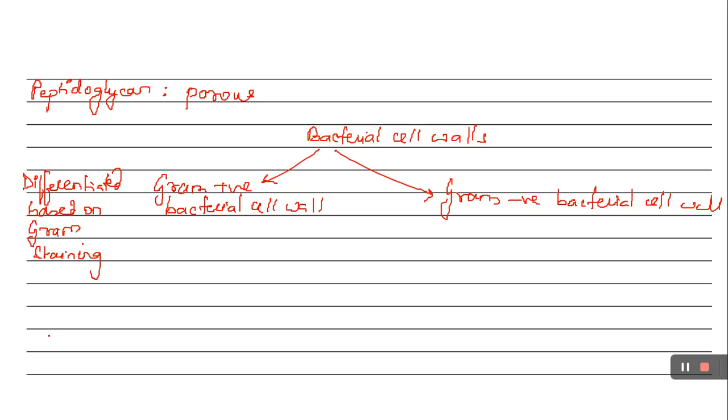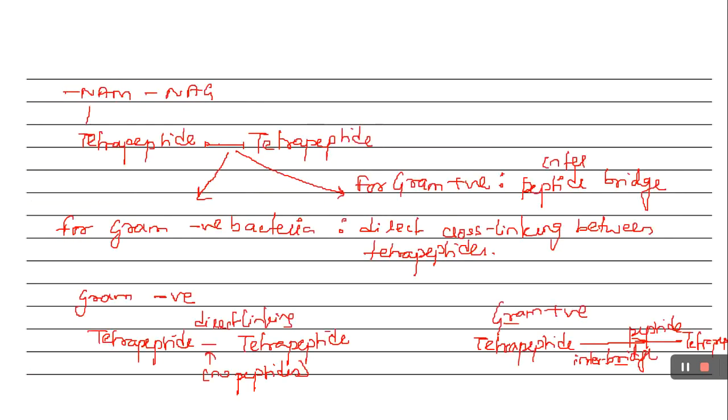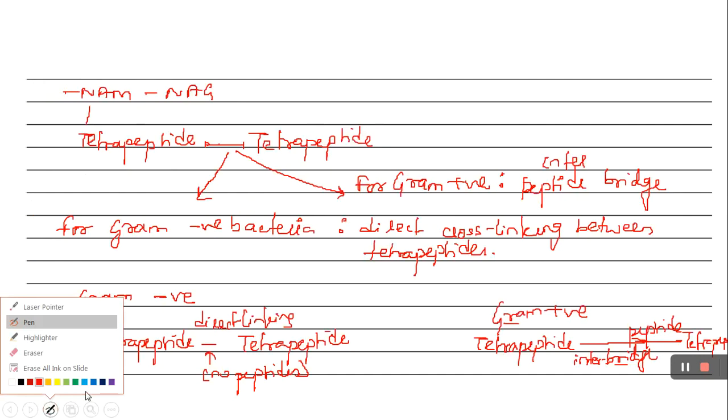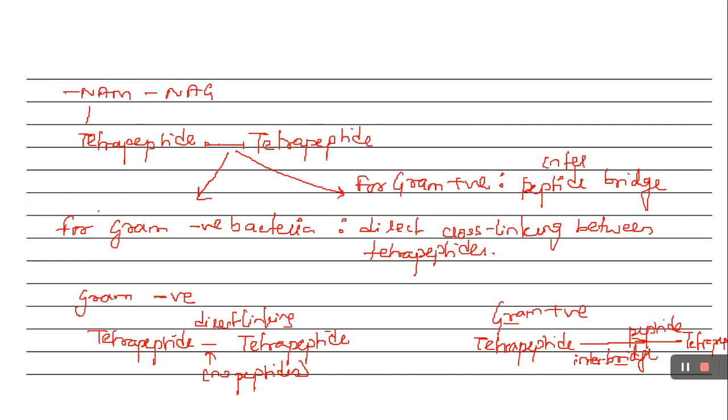One thing I would like to mention is that the tetrapeptide which we talked about has alternating D and L amino acids.